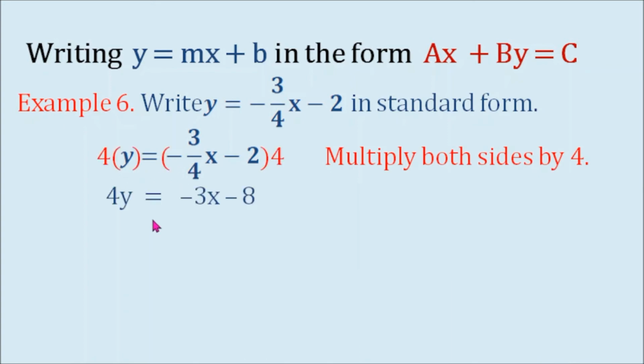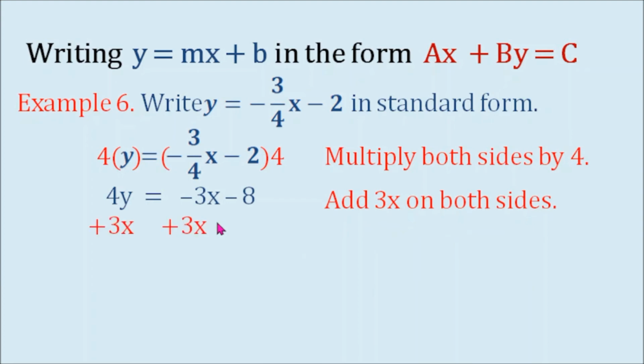So 4 times y equals 4y, and then 4 times -3x divided by 4 is -3x, and 4 times -2 is -8. Then the next step, add 3x on both sides. After this step, this is what we get: 3x + 4y = -8. So this is in standard form.